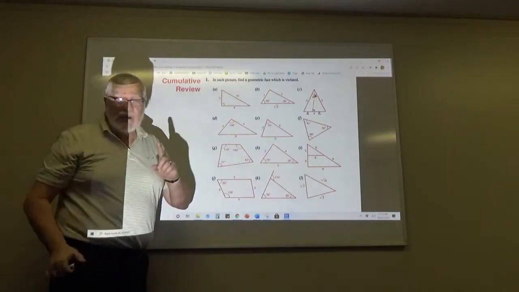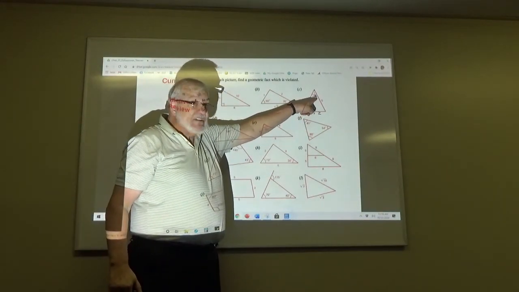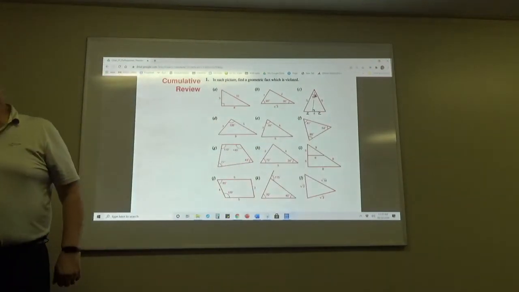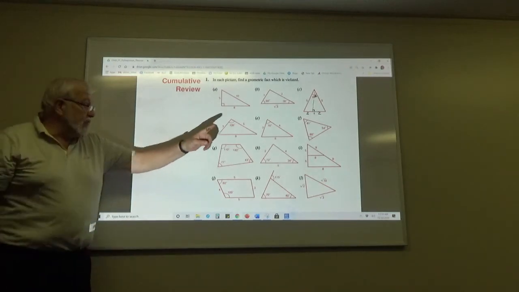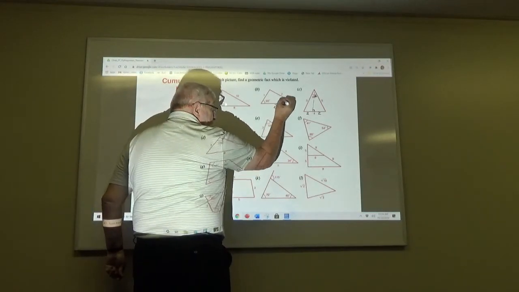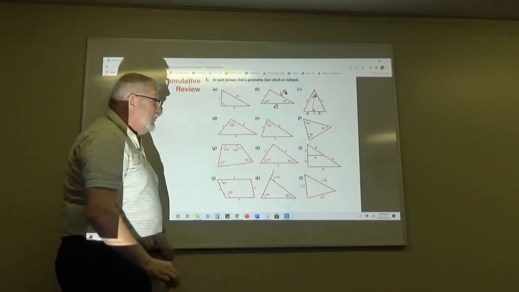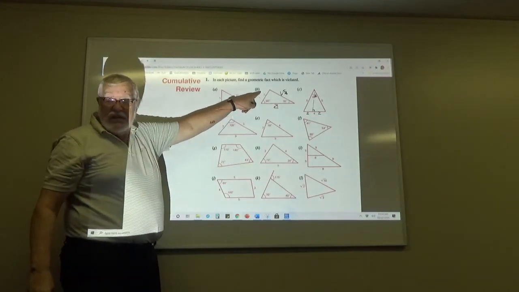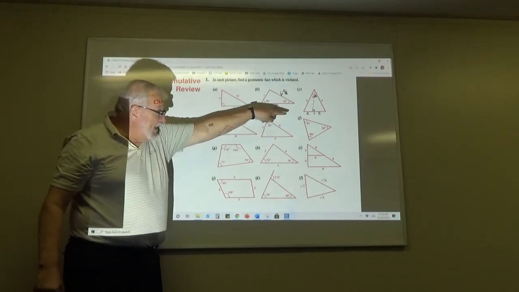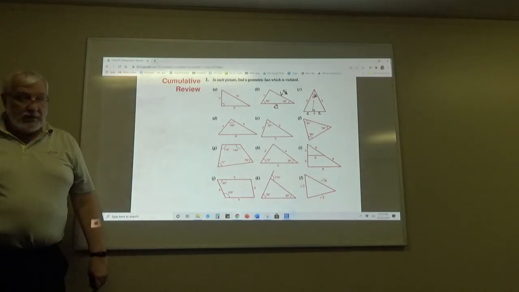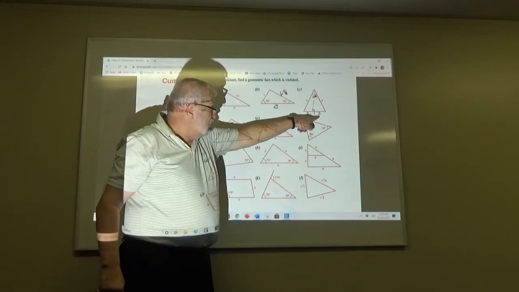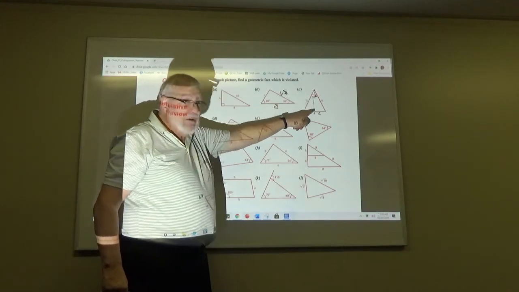So now, what is the relationship between the side opposite the 30 and the hypotenuse? Abby, that was your problem. We said this should have been 2, and this should have been the square root of 3, because if you double the side opposite the 30, you have the hypotenuse. What's the side opposite the 30? 1. It's 2, because the 30 is made through the altitude.